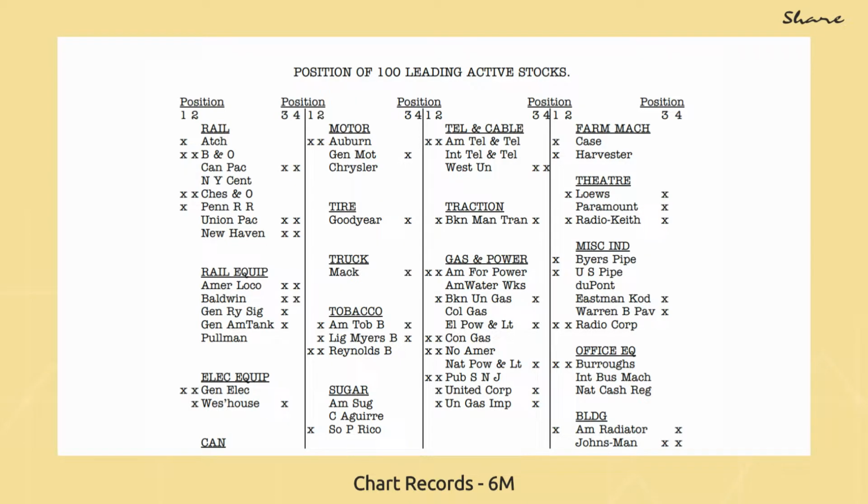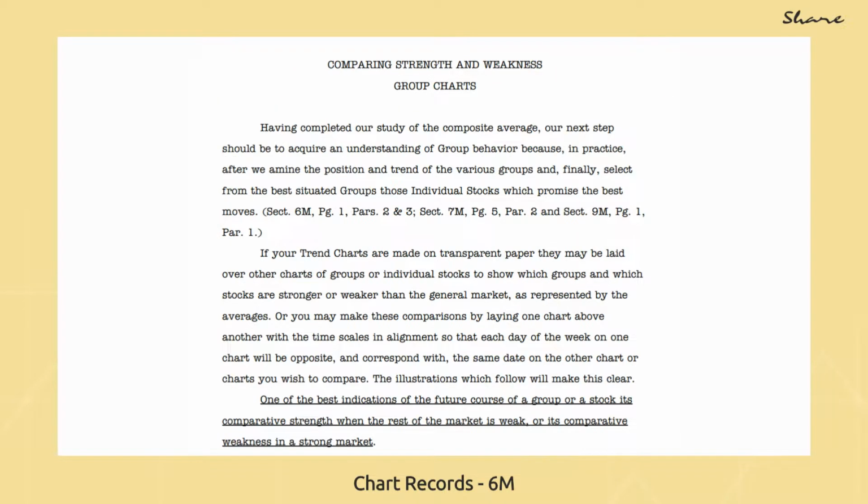For this purpose, we must employ the position sheet, which will be explained in section 18M, or we must use group charts, sectorial indices, thematic indices, those kinds of charts. More is explained in detail at comparative strength and weakness in section 8M.